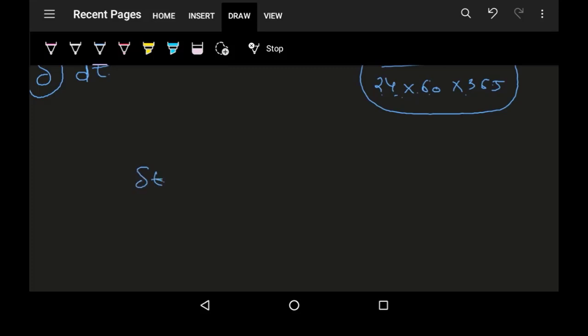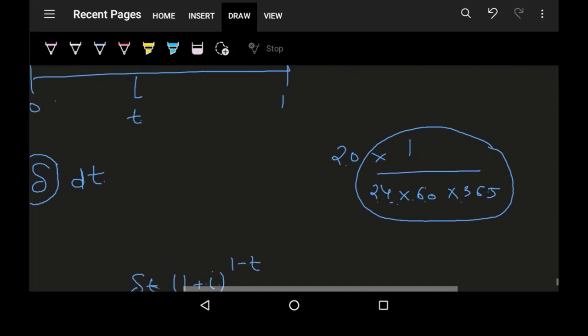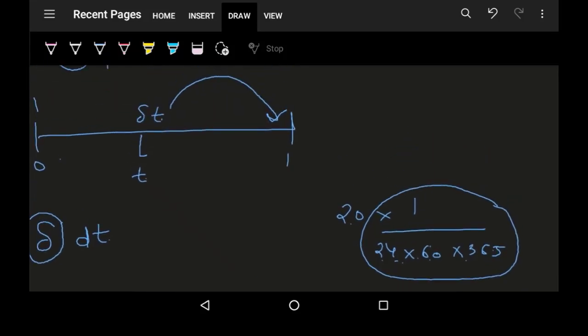delta dt, and multiply it by (1 plus i) to the power 1 minus t. I have taken 1 plus i because i is the annual effective rate. The complete duration is 1, and when I separate this t from it, the remaining duration is 1 minus t.